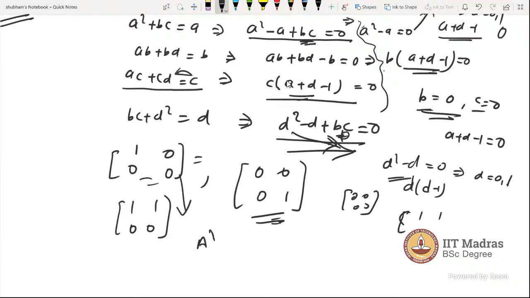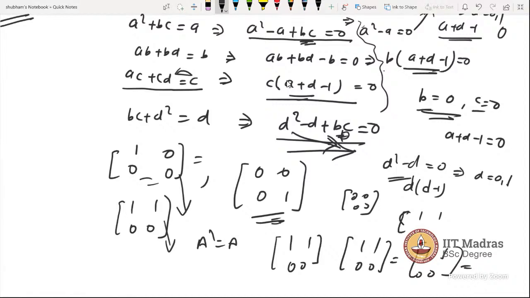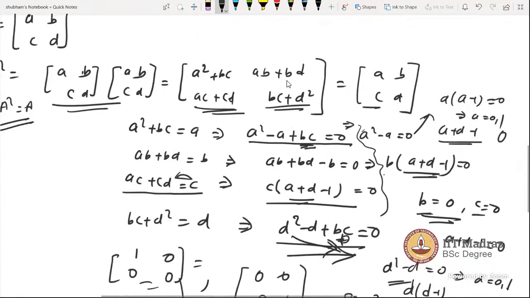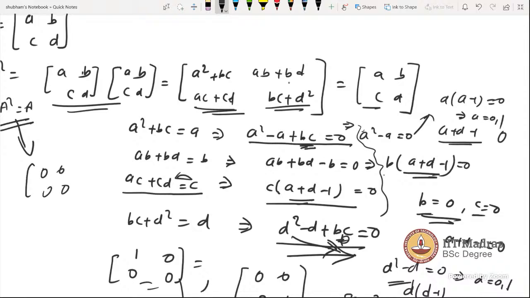This will satisfy A square is equal to A. This will also satisfy. We can check here. So this will become 1, this will become 1, this is 0, this is 0. So this says that this will also satisfy. So what I mean to say is that, whatever the equation says, take a general matrix, find a relation between the entries, apply the condition on the entries, and put the entries according to that.